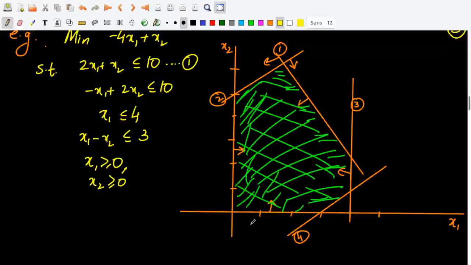So the methods that we will talk about rely on this idea of the corner points. I can find these corner points rather easily for this example. This is (5, 0), (5, 2), (6, 4), (2, 4), (1, 3), and (3, 0).